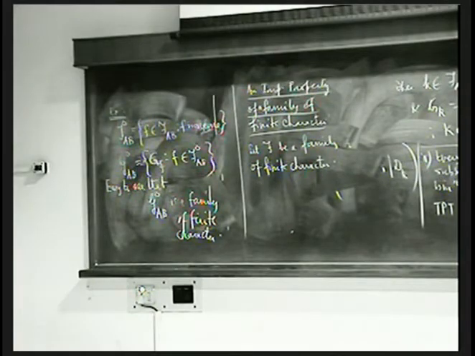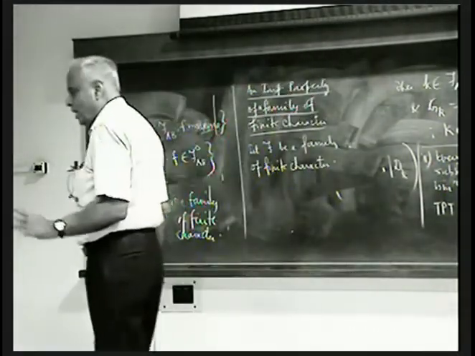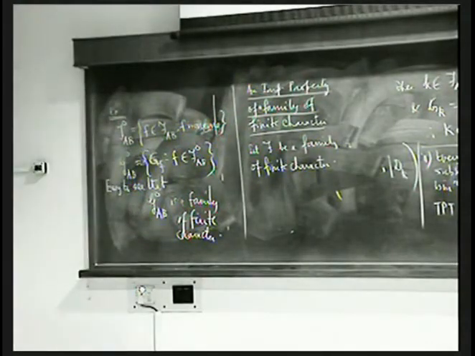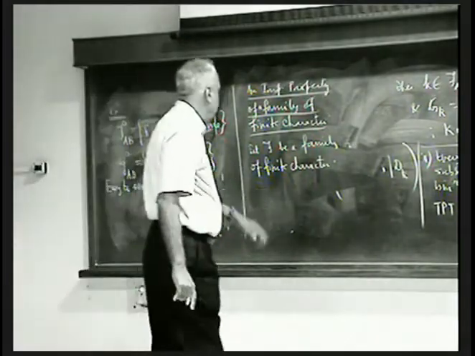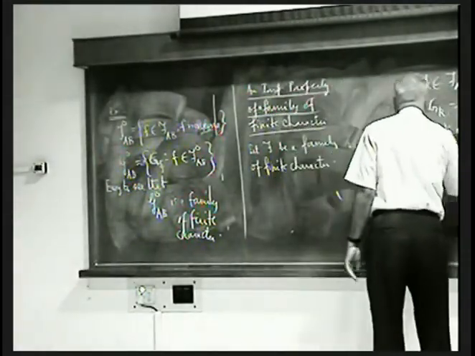Remember that we always look at the property as a collection of sets. F is a collection of sets, and this collection has the property that somebody qualifies to be in that collection if and only if every finite subset of that fellow also qualifies to be in that collection. So that's what I mean by saying that let F be a family of finite characters.